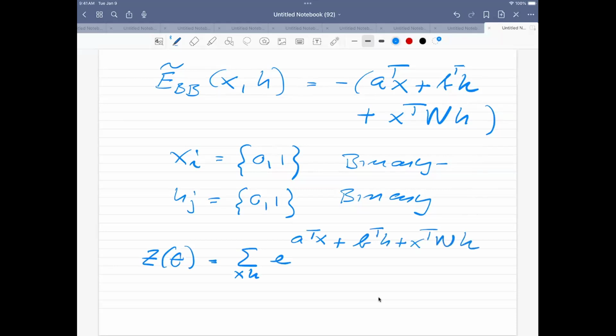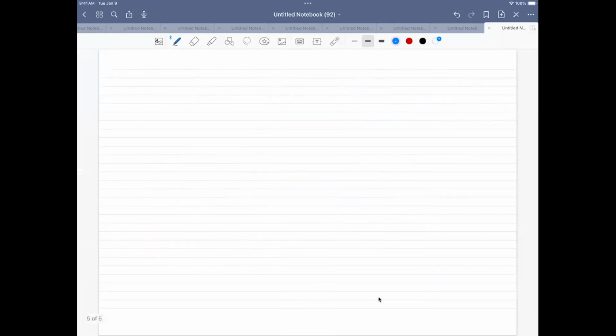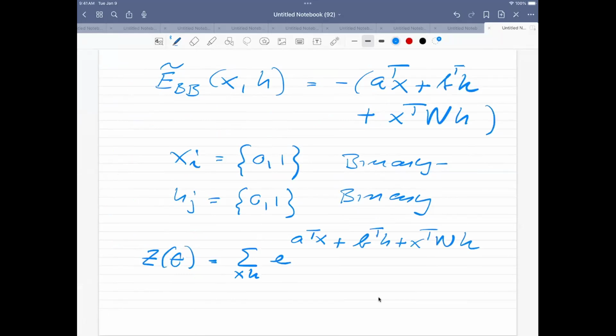That's the partition function. What we want is then the quantity, or if you haven't had time to write it down, let me just wait a little bit. This is the compact binary model.